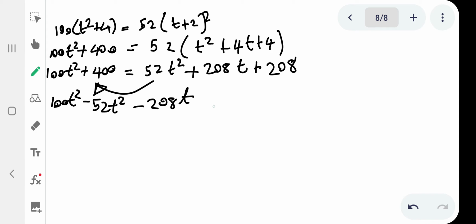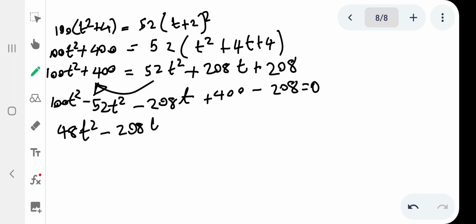And then 400 minus 208, that is equal to 0, because we take everything from the right side to the left, right? So we have 100 minus 52, which is 48t squared, minus 208t, right? And then we have 400 minus 208, which is positive 192, and that equals 0.